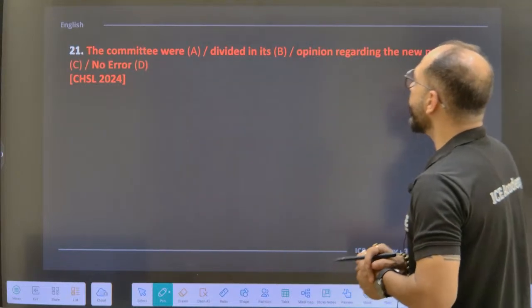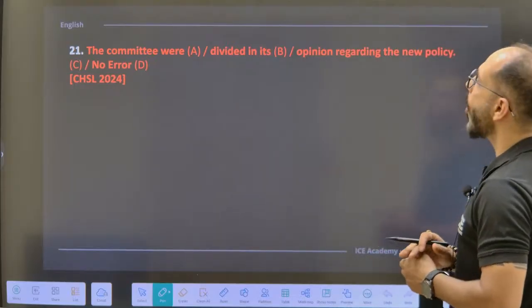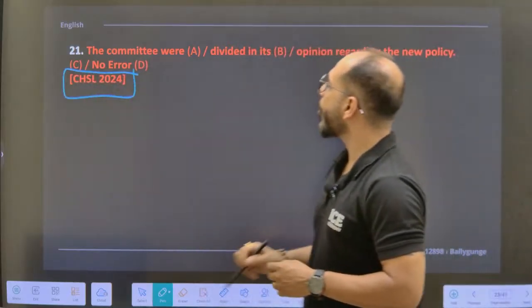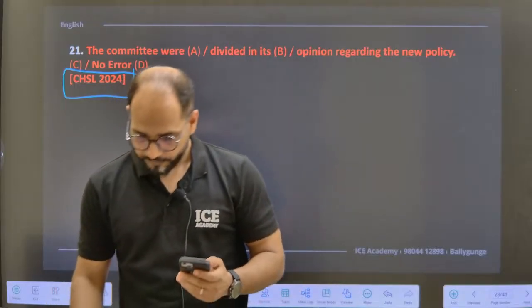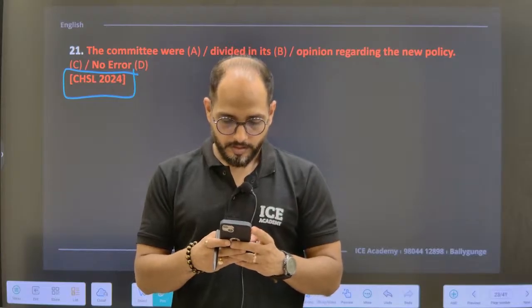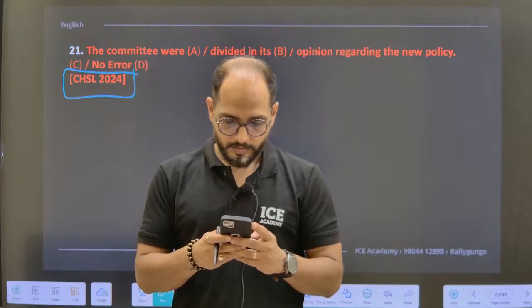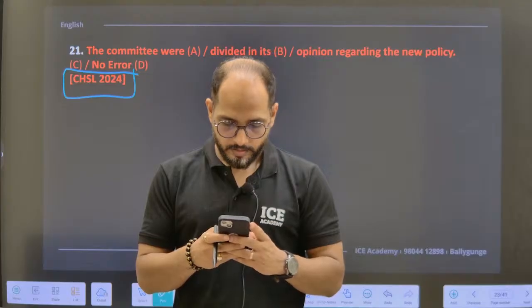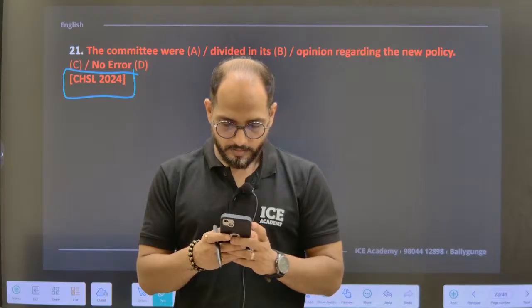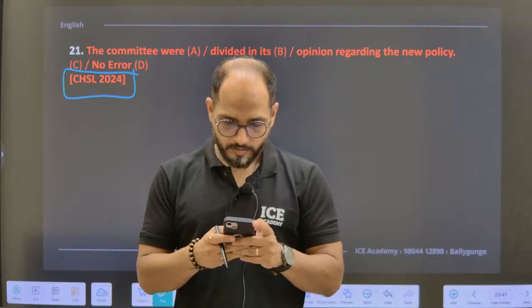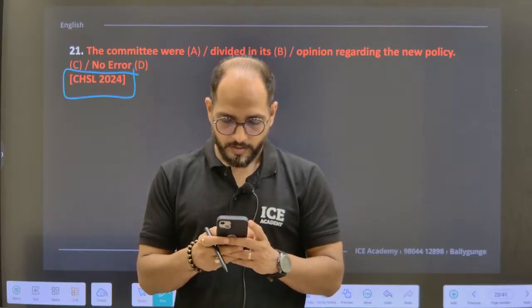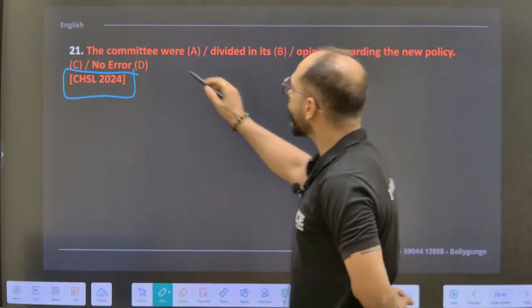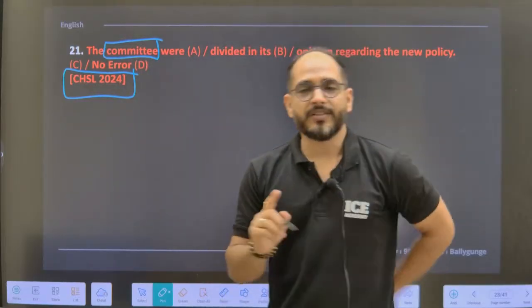Question number 21. The committee were divided in its opinion regarding the new policy. This is a CHSL 2024 question. Let's see, again a question from collective noun, the committee, but this one is different from the previous one.